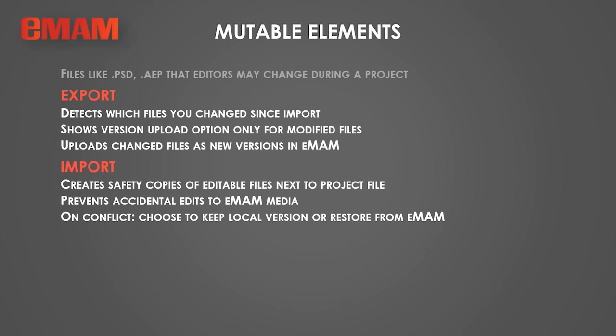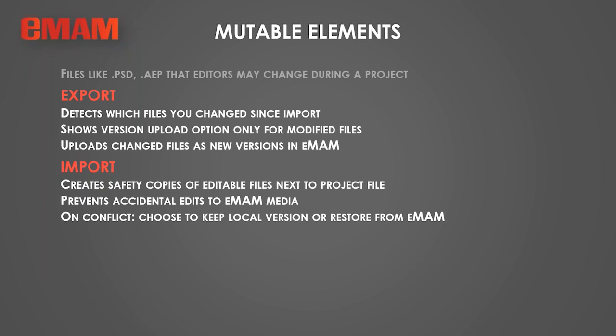Another common issue involves files that editors actively modify during production. Mutable elements are files like Photoshop documents, image files, After Effects projects, etc. Unlike media files, these assets are frequently edited during production. We have introduced change detection to identify files that have been modified after the import. When exporting a project, the panel only offers version upload for the files that were modified after the import.